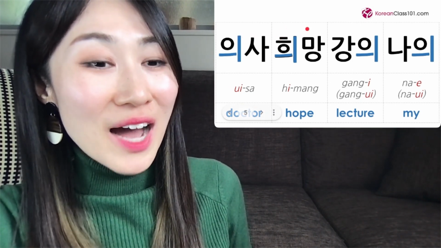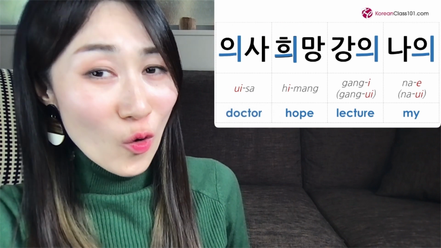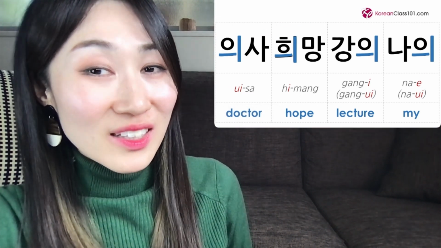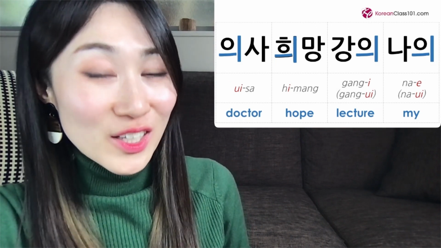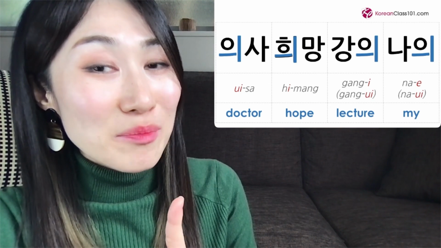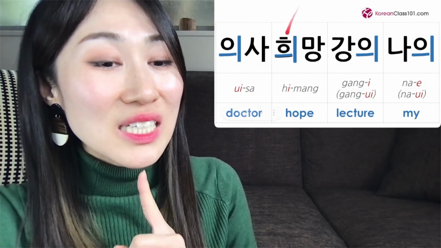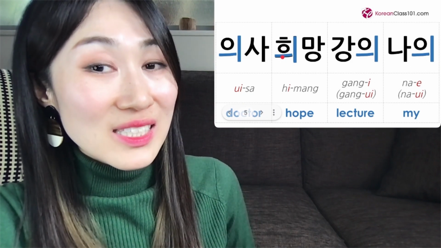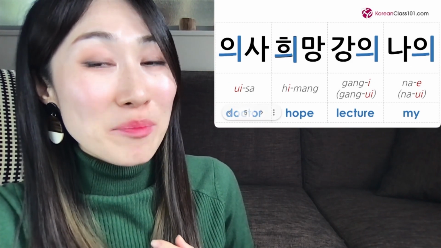Now please listen to this sound. It's 희망. Do you hear the 의 sound here? Nope. The pronunciation here is 히망. So this sound dropped, and just think of it like 히.